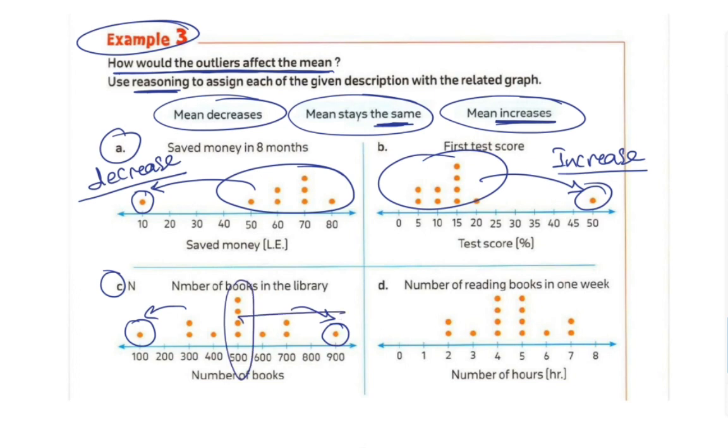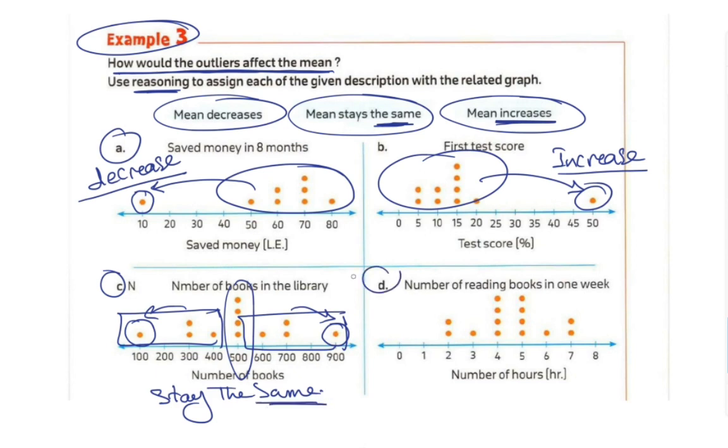All of these values are repeated here. Think of a balanced scale. So if you see this symmetric shape or symmetric graph, the mean will stay the same. No change in the value of the mean because of the outlier.